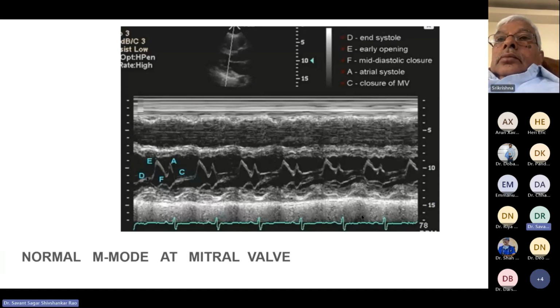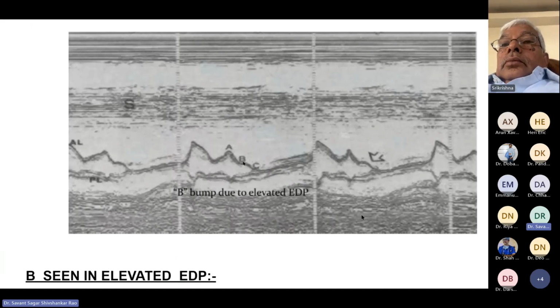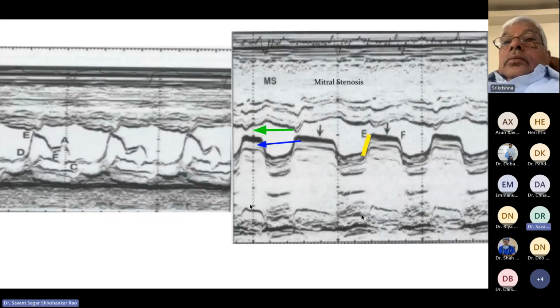The markings D, E, F, A, and C are on the anterior mitral leaflet. This is the M mode in which we can see the B marking. If it is present, we can say that there is an increase in the left ventricular end diastolic pressure, elevated LVEDP. So this is the classical finding.